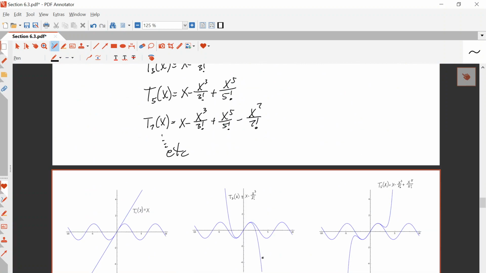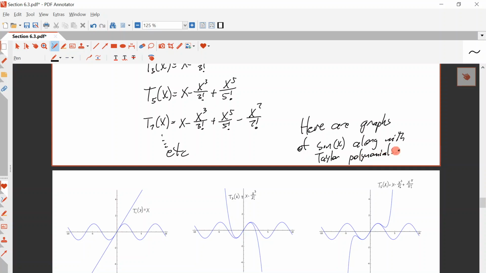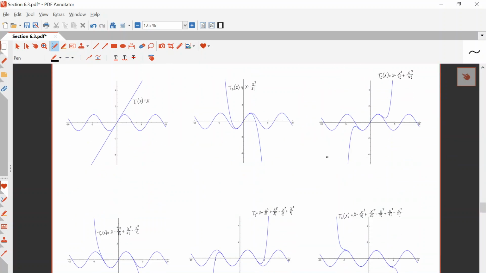Let me write down what this actually is. So here are graphs of sine x along with various Taylor polynomials.